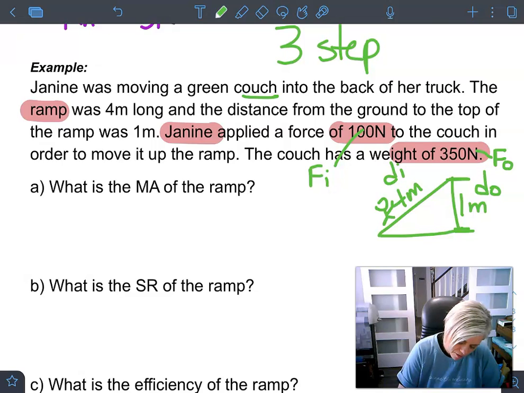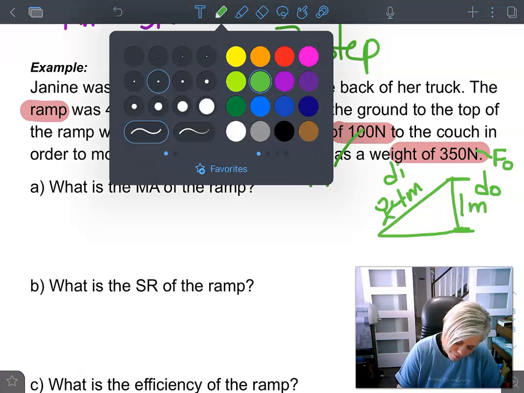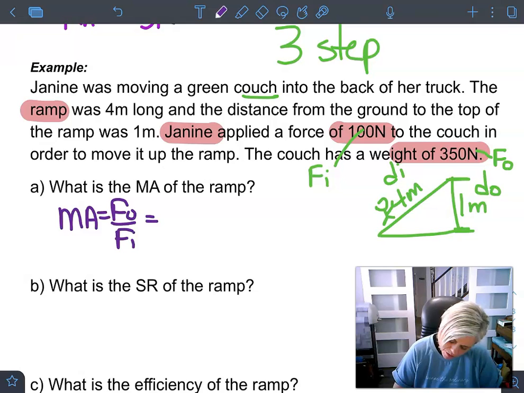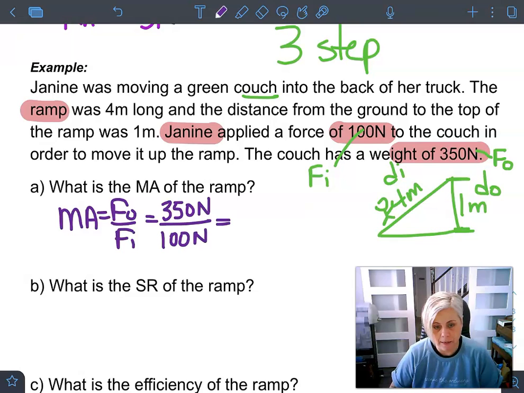Okay, so we've got a lot of numbers figured out now, and now we just plug them into our formulas. The mechanical advantage is MA equals force output over force input. Next step is to substitute. Force output was 350 newtons. Input was 100 newtons. All right, so that is going to come out to 3.5.